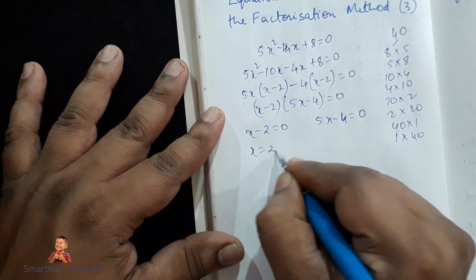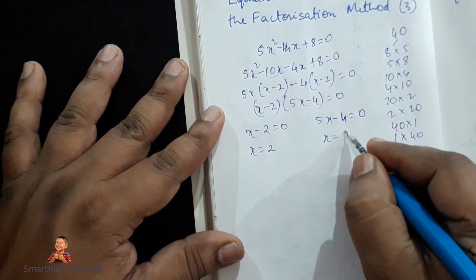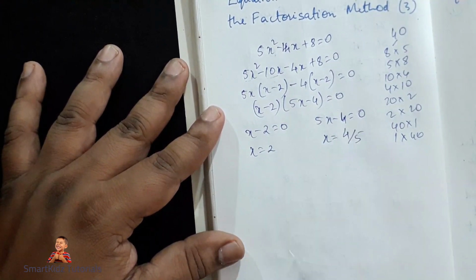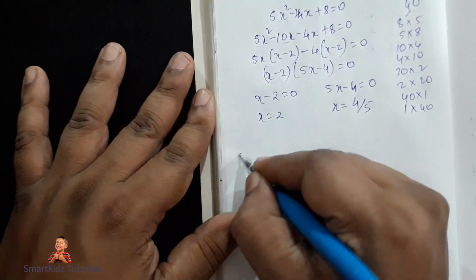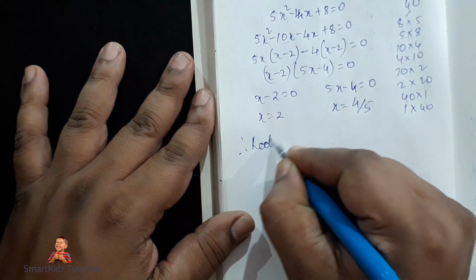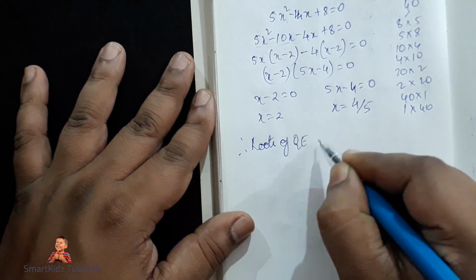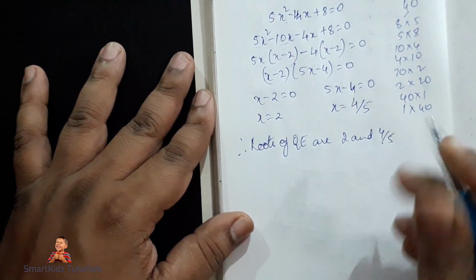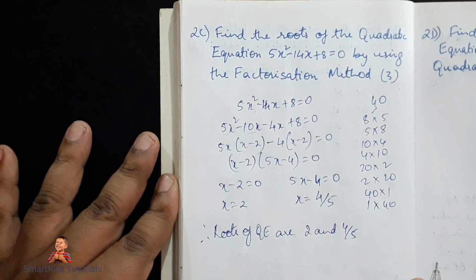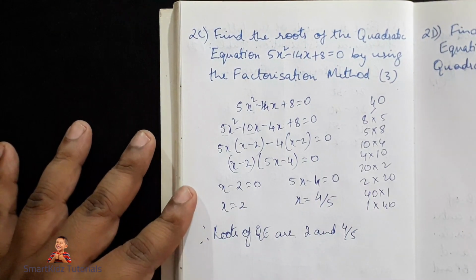We'll get x equal to 2, and here we'll get x equal to 4 upon 5. Therefore, the roots of the quadratic equation are 2 and 4 upon 5. This is for 3 marks.